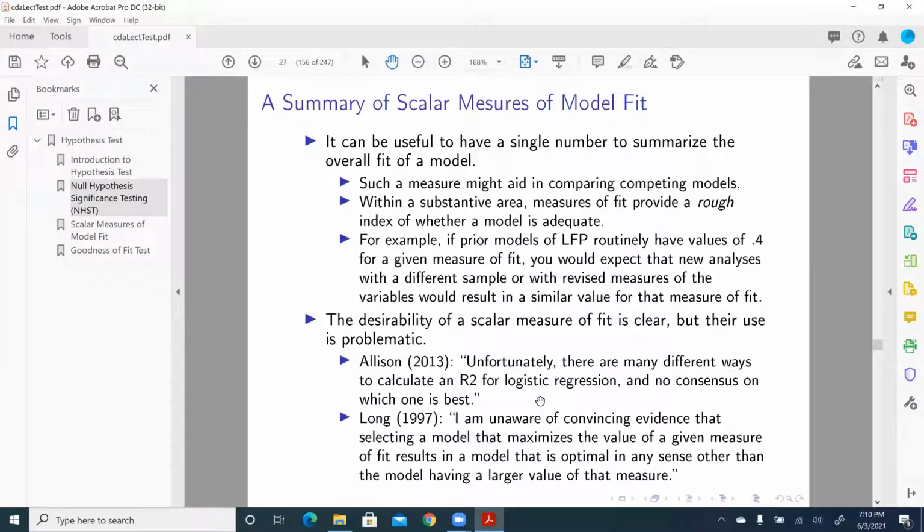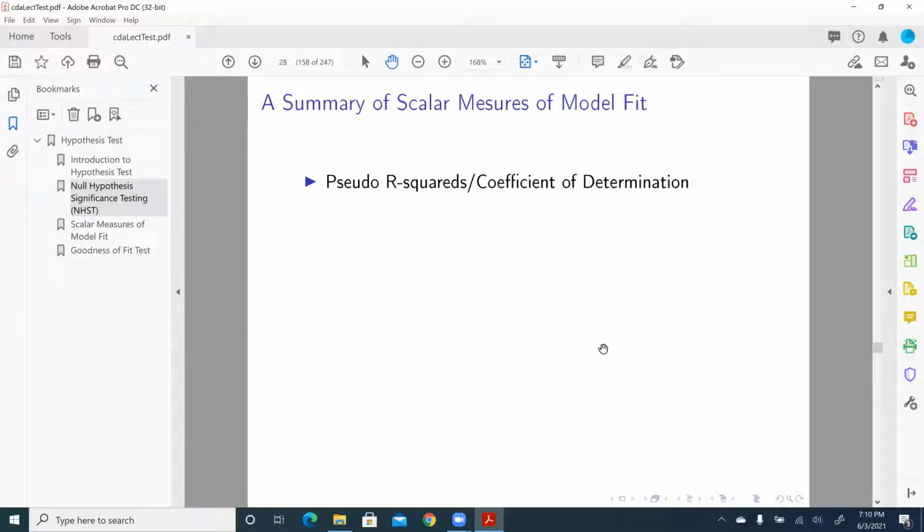Long, 1997: "I am aware of no convincing evidence that selecting a model that maximizes the value of a given measure of fit results in a model that is optimal in any sense other than the model having a larger value of that measure." So the message here is that we probably can't just use a single scalar measure to select and compare models. We probably have to turn to multiple ones.